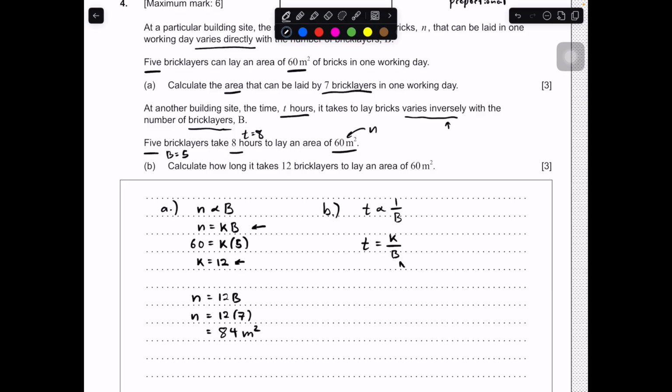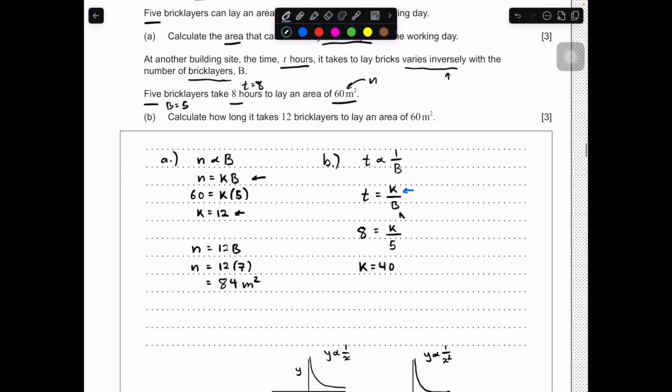So let's put in those values. T is equal to 8, K is what we want to find, and B is equal to 5. We can solve this or just do a little algebra, and K is equal to 40. So we found what we needed for this constant to complete our equation.